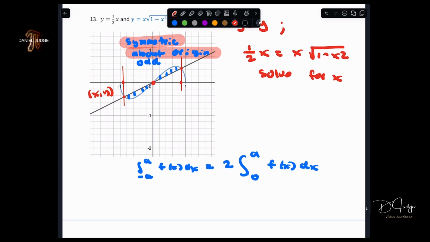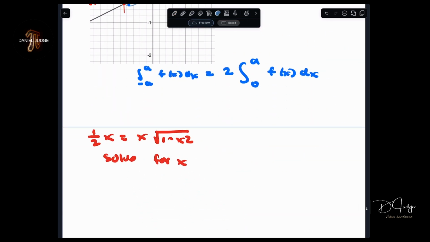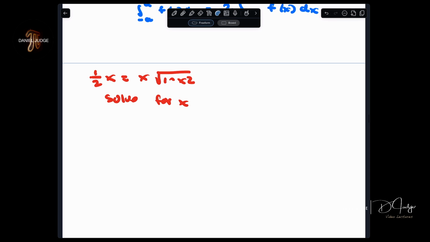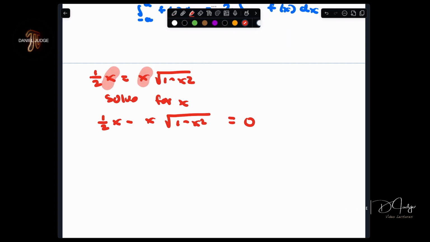Okay. So bringing this down, let's do some algebra. Since I see x on both sides, I'm going to subtract the term here and get that equal to 0, right? So I notice I have that x on both sides of my equation. I'm going to factor out the x.